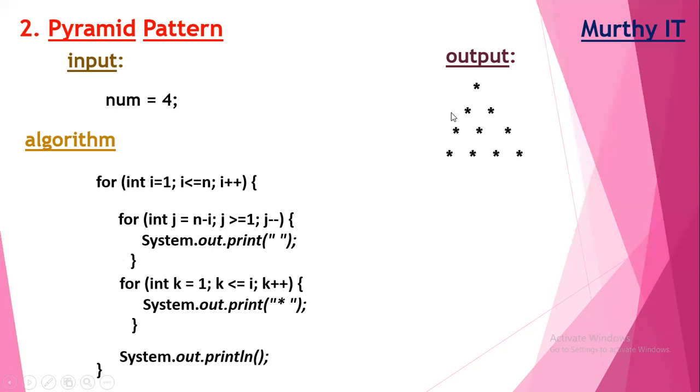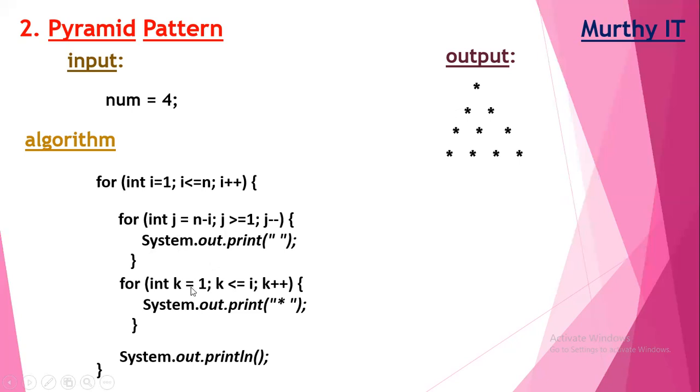So now what will happen? Now j equal to n minus i. The i value is 2, so 4 minus 2, it prints 2 spaces.